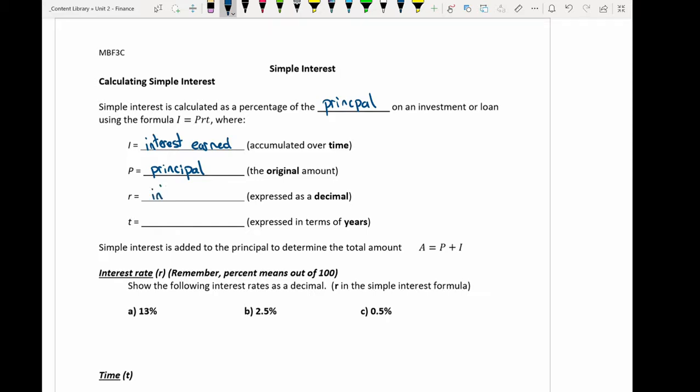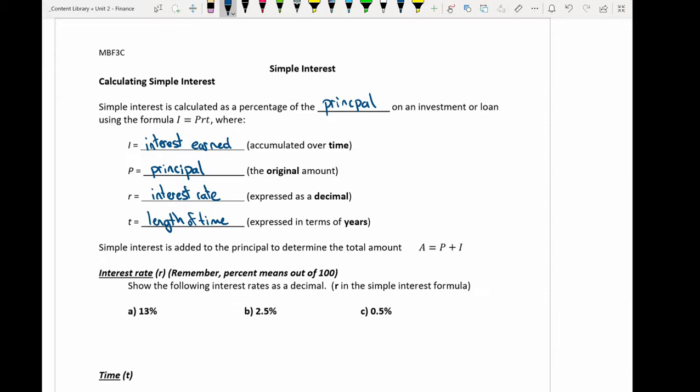R is the interest rate, expressed as a decimal. Usually in the question it will be given to us as a percent, but in the formula you need to use a decimal. And then T is the length of time, and it's expressed in terms of years.